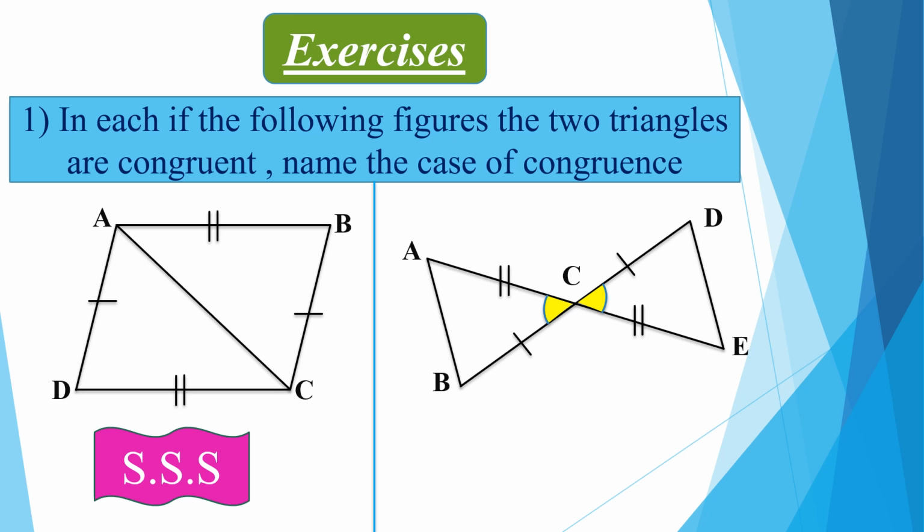So the two triangles are congruent as side angle side. I have two sides and the included angle. So this case is called side angle side.